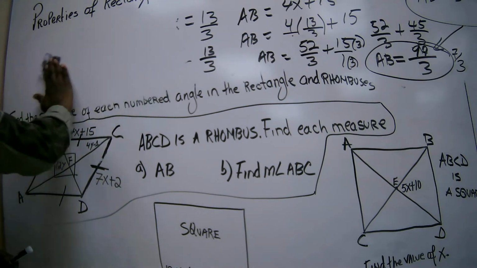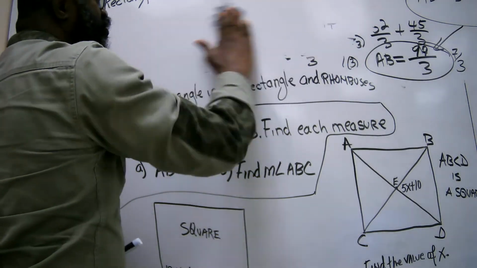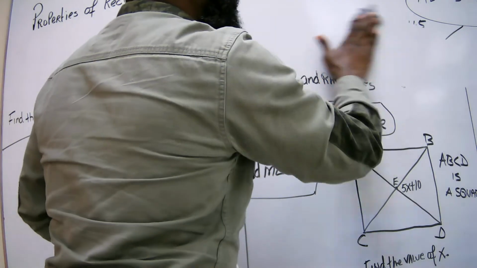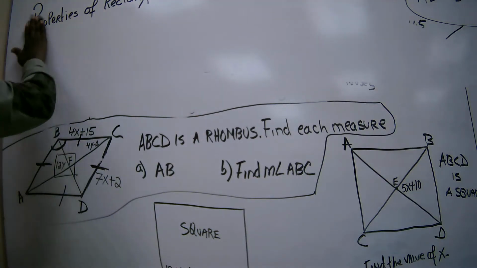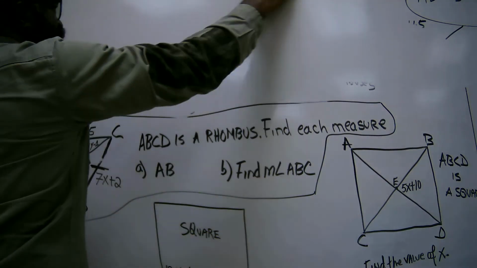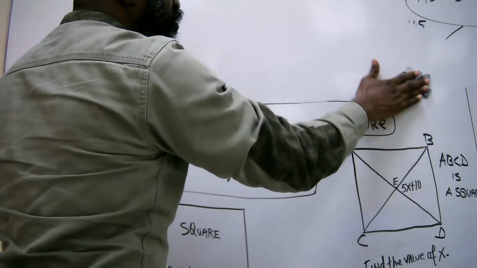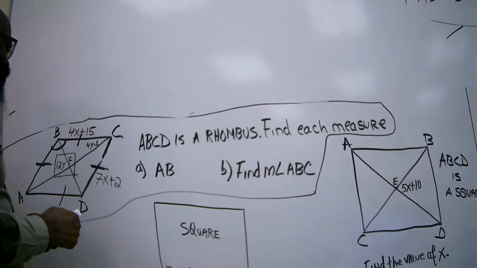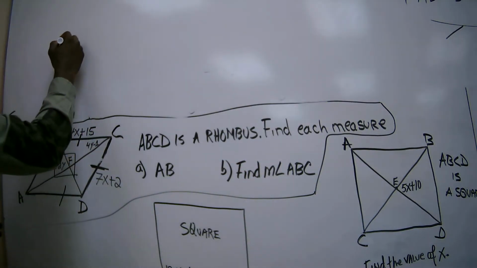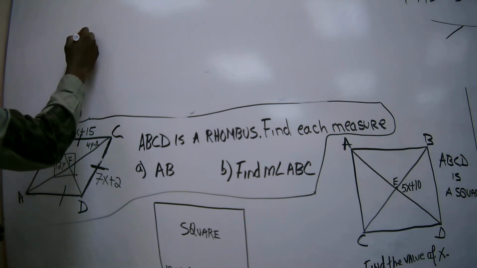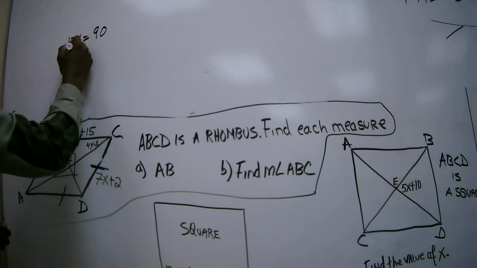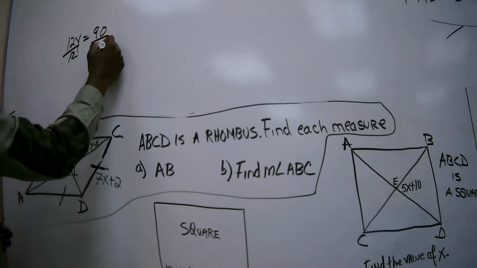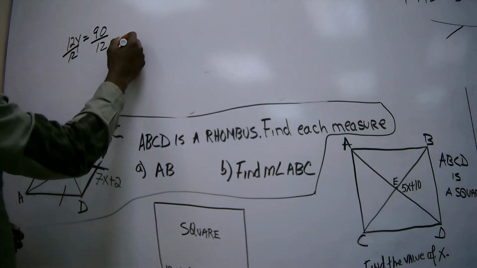Therefore, I can take this expression, let it equal 90, because it's a right angle. Not only do diagonals bisect each other, but in a rhombus, diagonals are perpendicular. Then you will have 12y is equal to 90. Then you take 90 divided by 12, then you will find y.